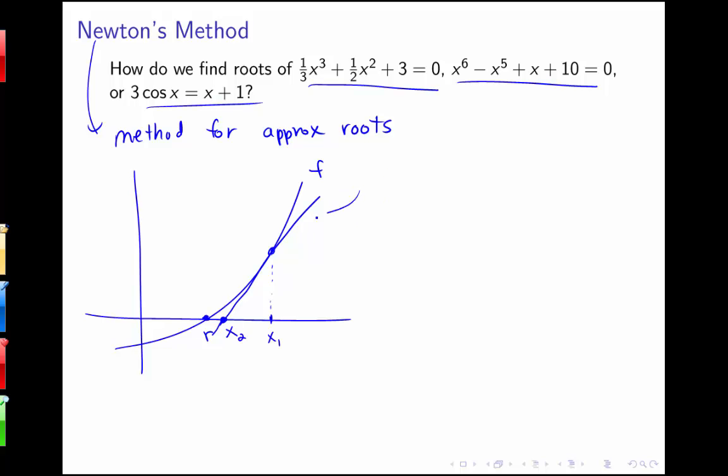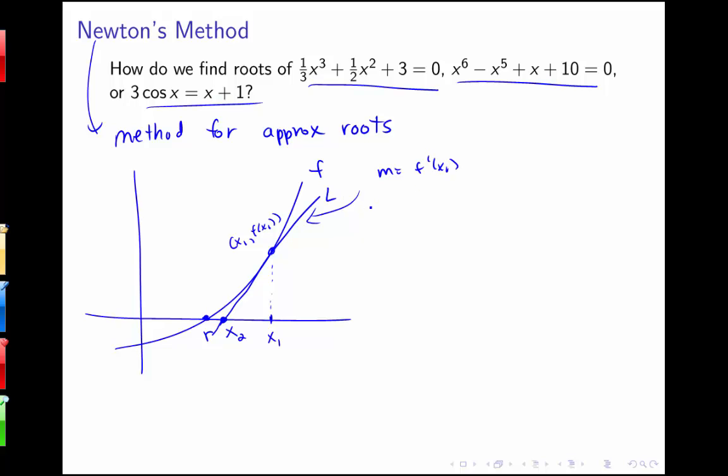If I think about the equation of my tangent line to the curve at x1, this point is x1 comma f of x1. And the slope of that line would be f prime of x1.